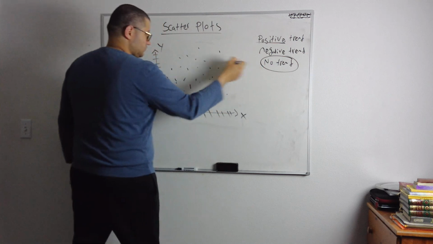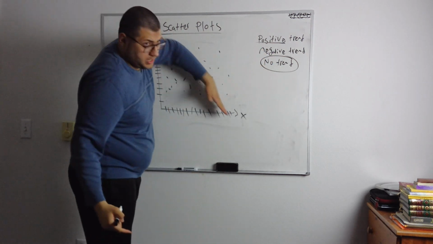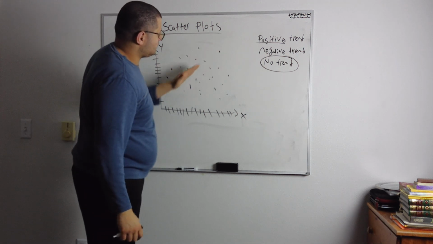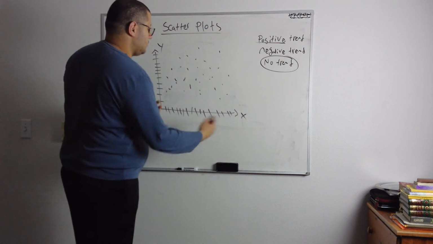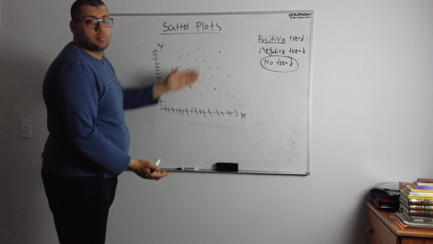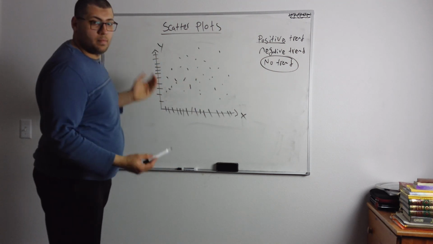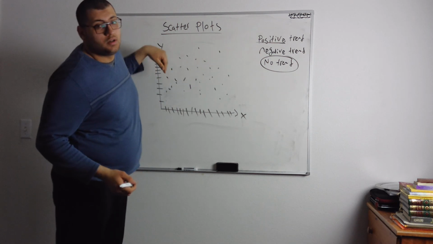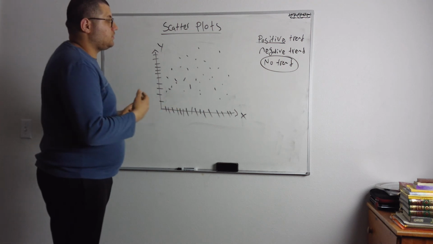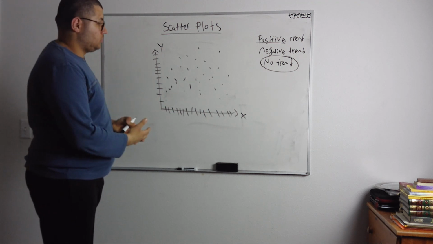Negative trend, the dots are leaning towards that way. Positive trend, the dots are leaning towards that way. It depends on the x and the y representation as well. No trend, you can't really tell if it's going up or going down. So positive trend, negative trend, no trend.